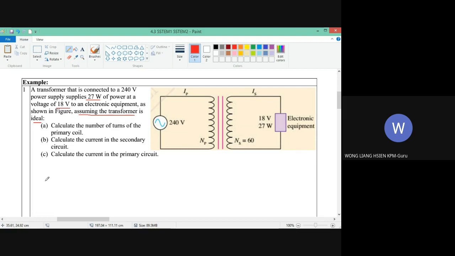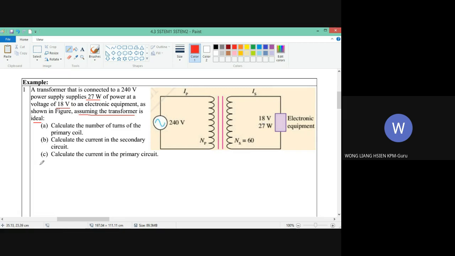So it says assume that the transformer is ideal, that means there's no power loss. The power in equals the power out, the power in the primary equals the power in the secondary.